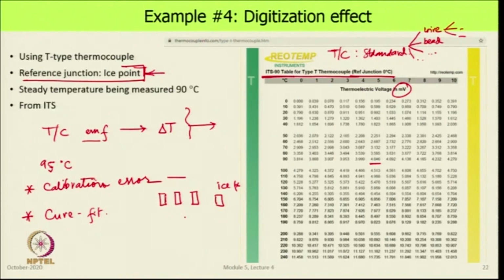There are about a dozen and a half standard temperatures which have been defined, which we can create in the lab and measure at these points and see what is the delta EMF we get, and then we know that corresponds to a certain delta T. So, at least 2-3 points, if not more, we do this, and from here we get a curve which tells us that delta T is equal to this function of delta EMF. That is a curve fit, that is not calibration. So, this will introduce yet another systematic error in the measurement.